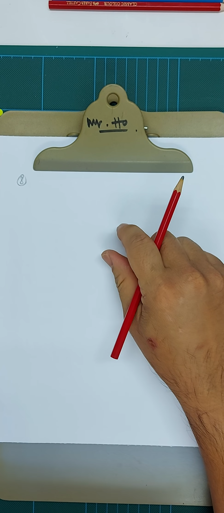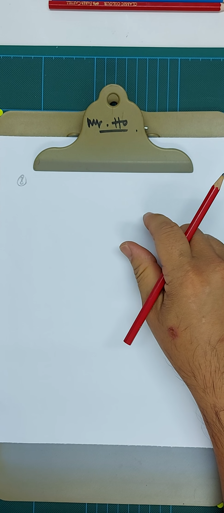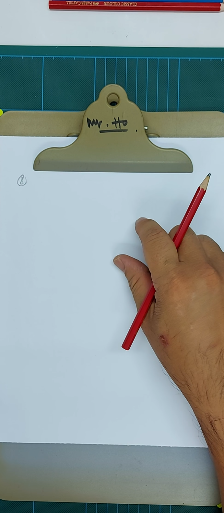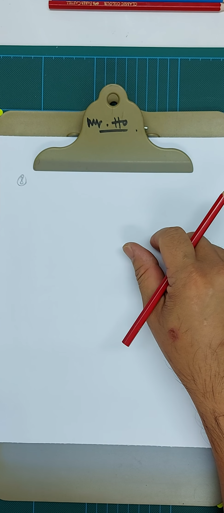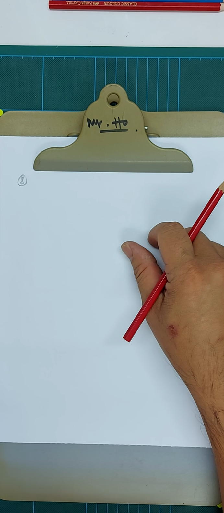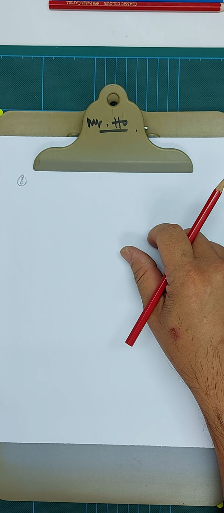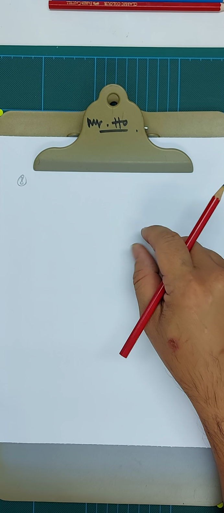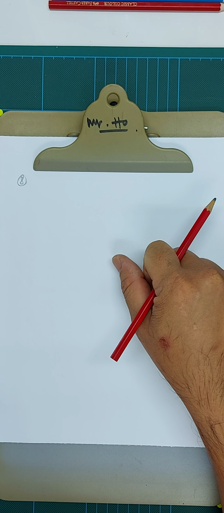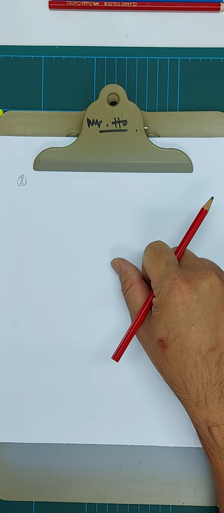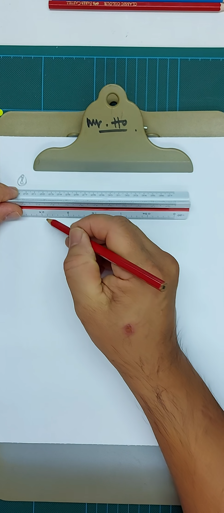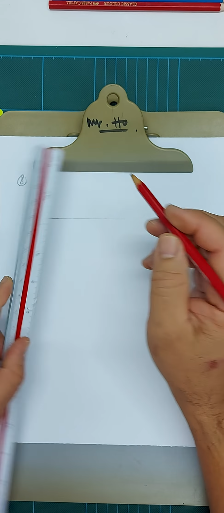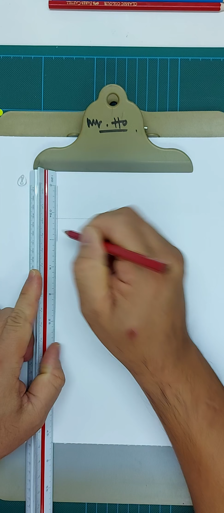Okay, question number 8. The figure shows two vectors A and B whose magnitudes are 6.8 and 5.5. Determine C if C is equal to A plus B. First, we are looking at the vectors given, pointing in opposite directions.